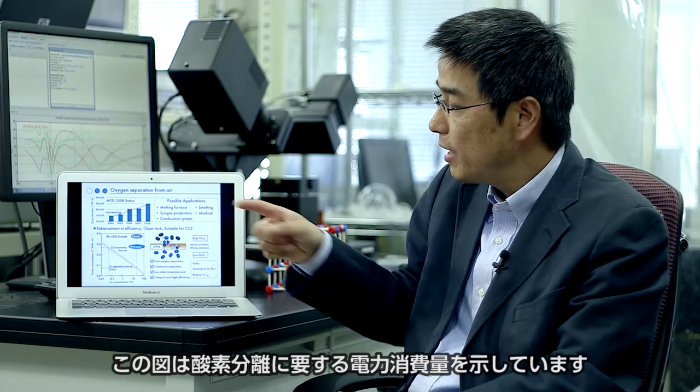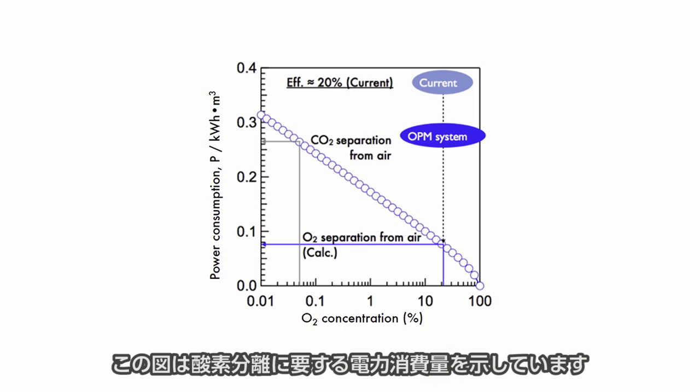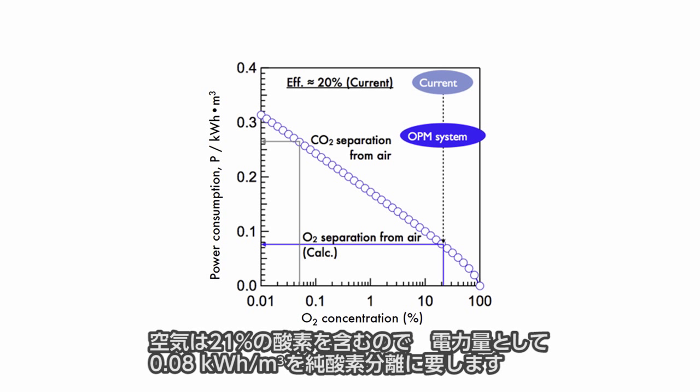This figure shows the power consumption to produce pure oxygen from several gases containing oxygen. As you may know, air has 21% oxygen, meaning it requires 0.08 kilowatt-hour per cubic meter to separate pure oxygen from air.